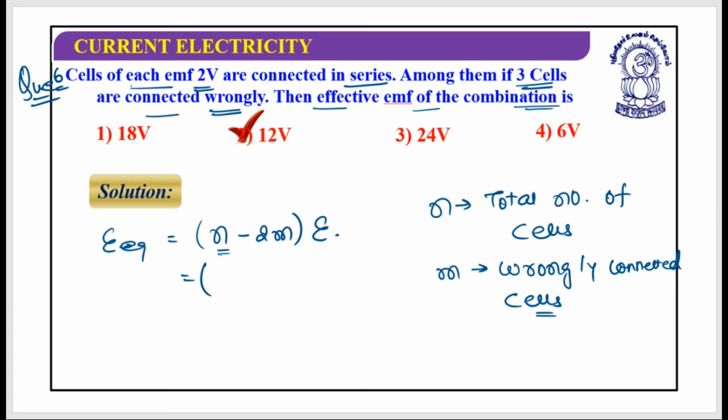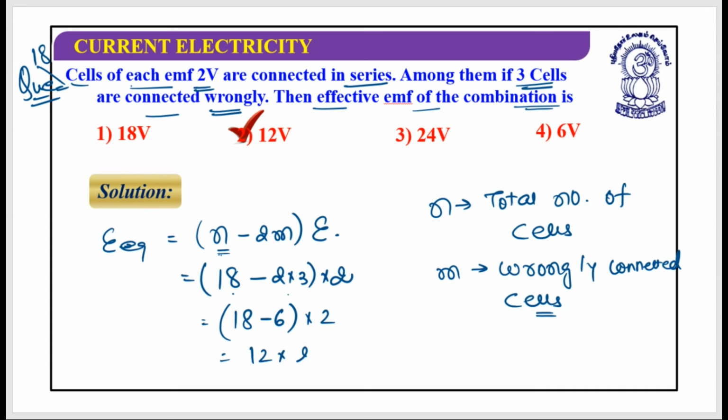Here it might be 18 cells, so let's take 18 cells. So total 18 cells minus 2 into 3, multiplied by each cell of 2 volt. So this is 18 minus 6, which is 12 into 2. It's 24 volt. If I had taken 18 cells, this would be the answer. I hope this is clear.